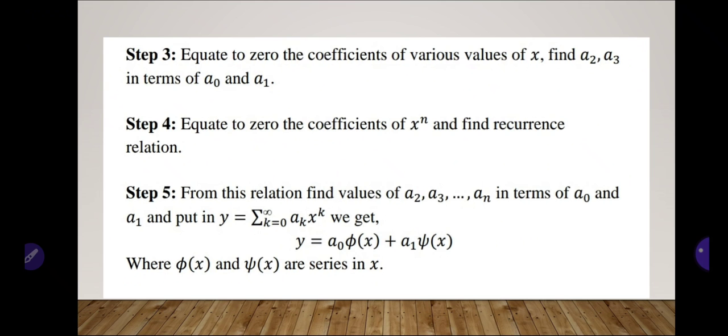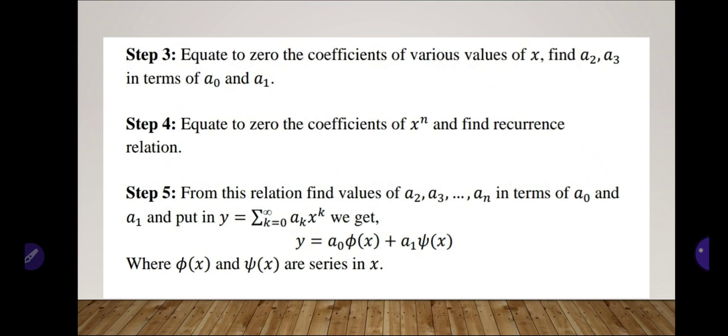So we can equate the coefficients of various terms of x. That means we can equate the constant term to 0, we can equate the coefficient of x to 0, the coefficient of x square to 0, the coefficient of x cube to 0, similarly for all these terms.